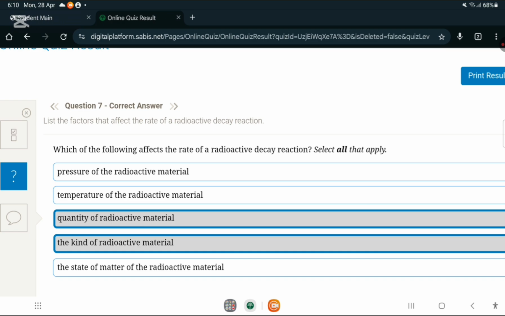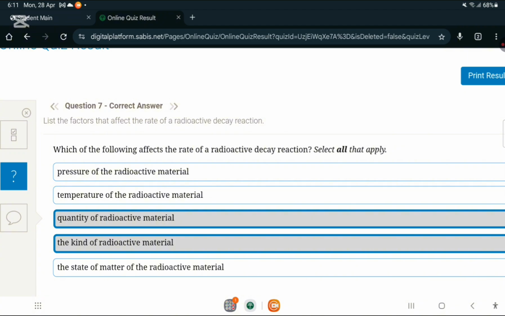And it's the kind of radioactive material. For example, the half-life of uranium is approximately 4.5 billion years, and the half-life of carbon, as we said, is approximately 5.8 thousand years.